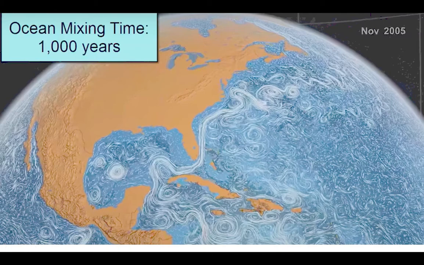Here it's due to, you can say, increase of salinity, decrease of temperature, we have mixing. But also because of upwelling and downwelling, we have mixing. And the ocean mixing time is 1,000 years. So if you put something over here, it will take 1,000 years to cross the entire ocean through this thermohaline circulation.